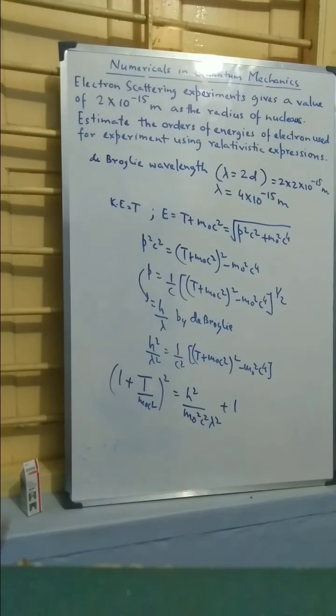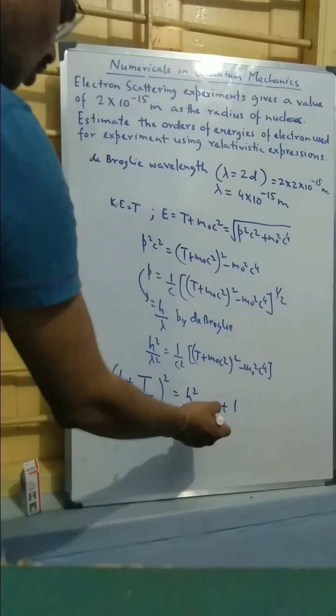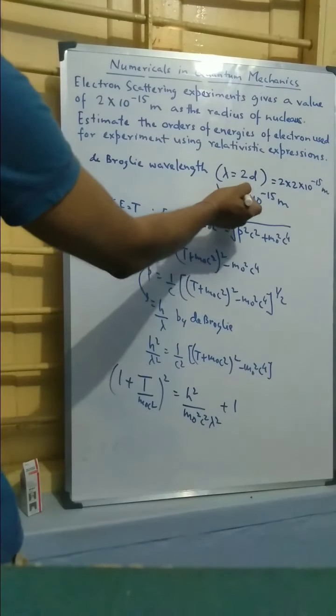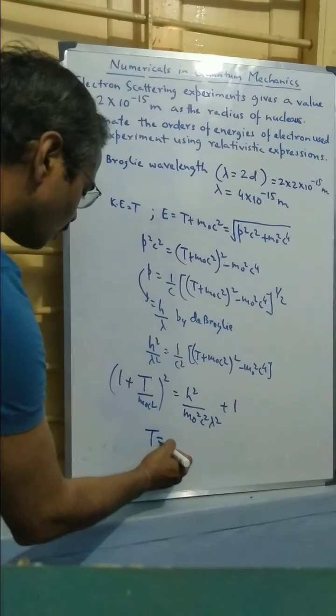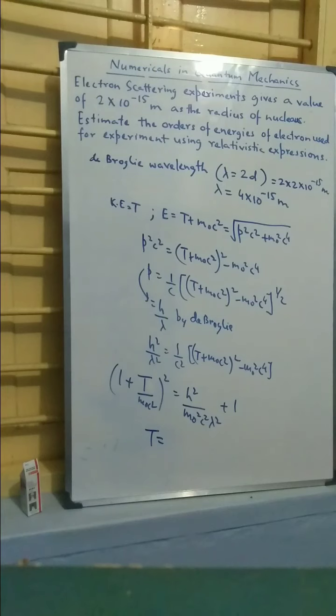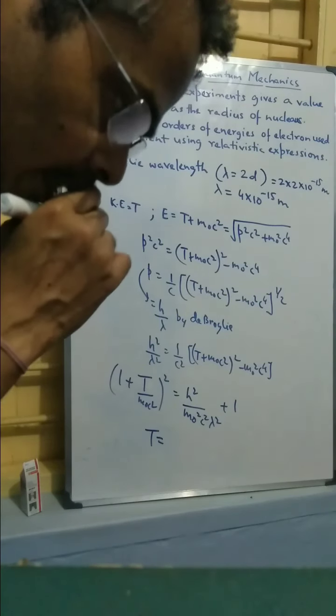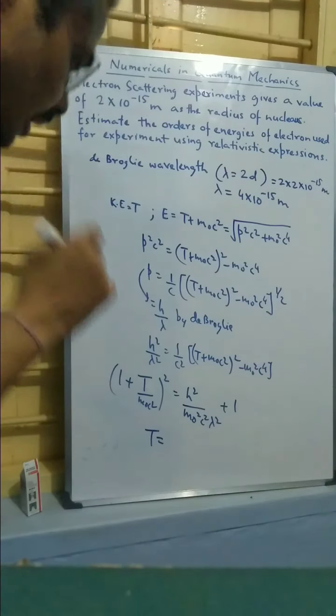From here, just putting the value of h, m naught c lambda is 4 times 10 to the power 15, one can get the value of the kinetic energy of the electron to be something like 310 MeV.